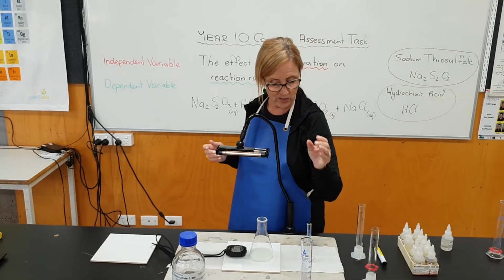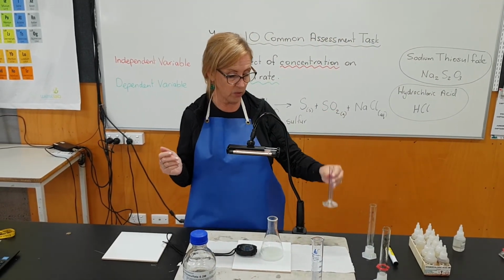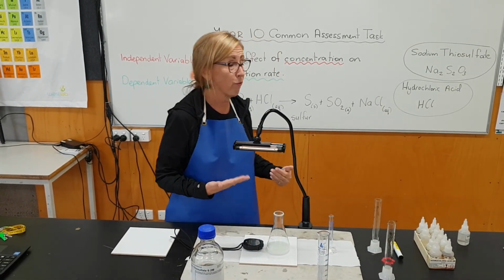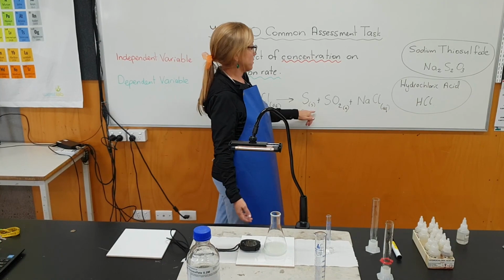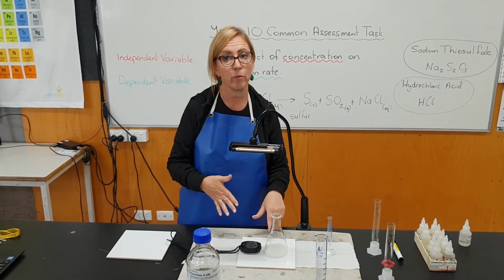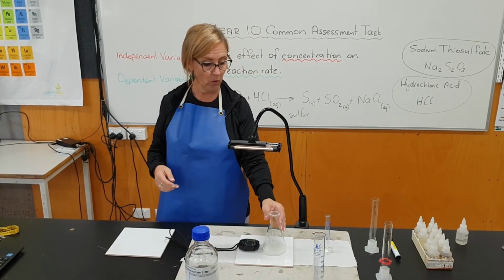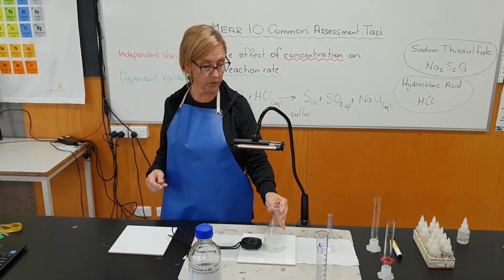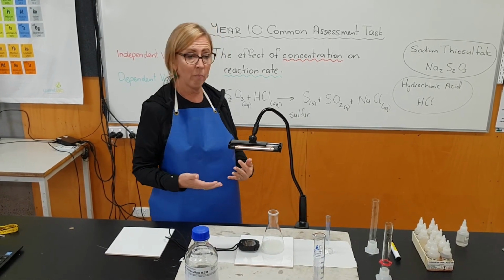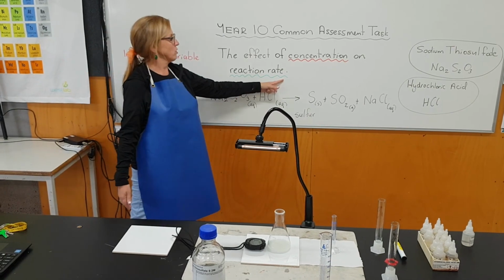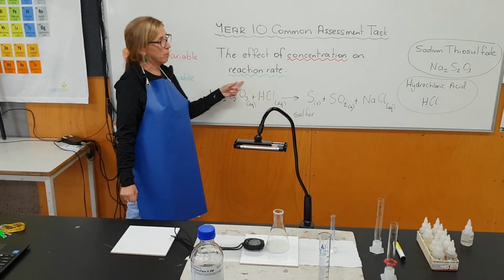We always use the same amount of the acid. We reacted the two together, and we measured how long it took before the precipitate was forming so much that we couldn't actually see through the solution, through the bottom of the flask to where the cross was that we'd drawn on the tile first up. We measured the time. So our dependent variable, the reaction rate, is the time it took for that to happen.